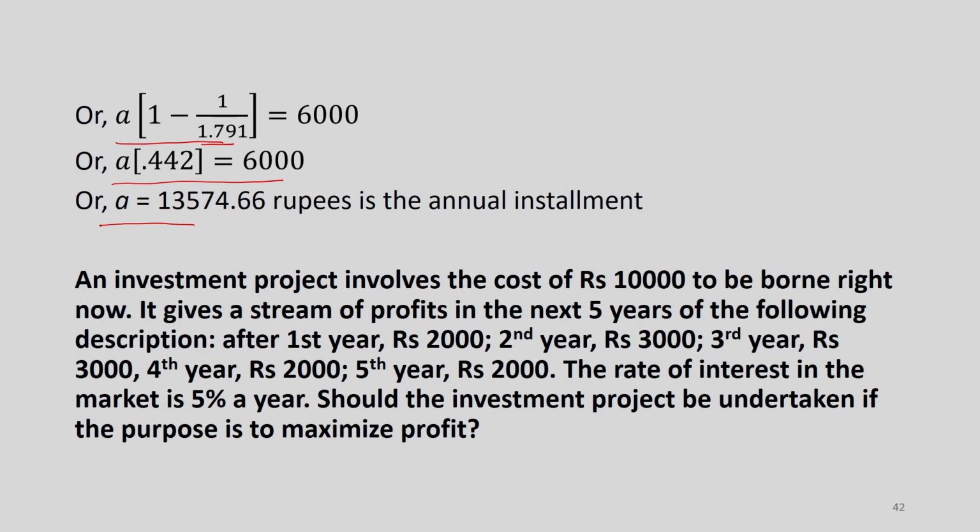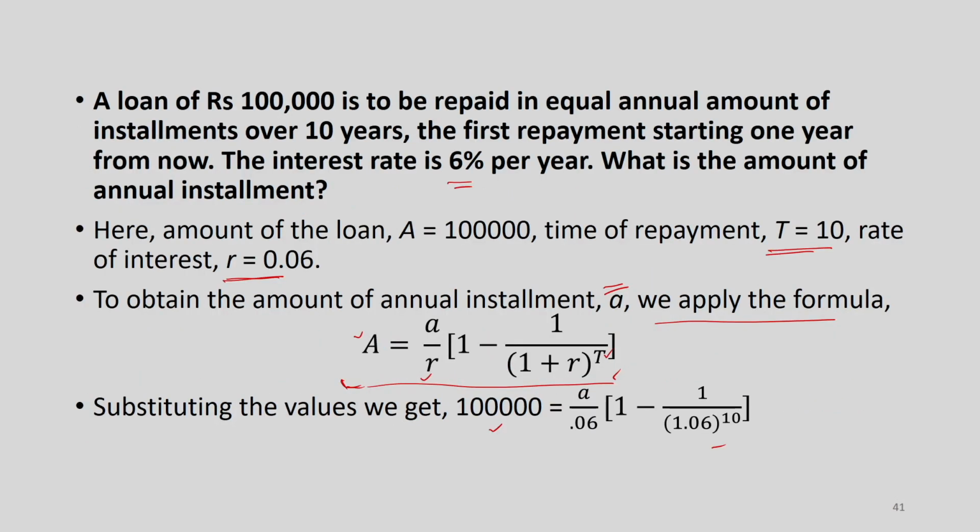Now, just to get a hang of this, 13,000 is more than 10,000. Remember, if he had paid 10,000 per year for 10 years, then the total amount would have been 1 lakh rupees, which is the amount of the loan.